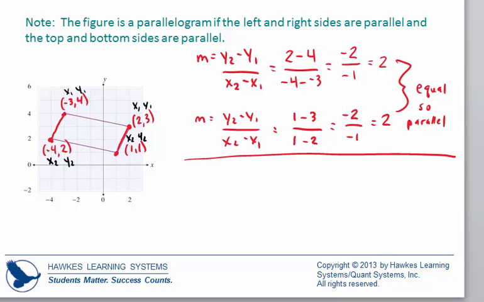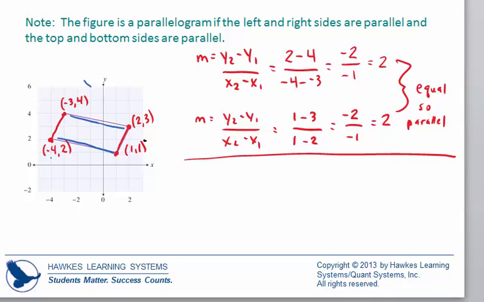Now we need to do the same thing for the top and the bottom. Let me clean this up just a little bit here. All right, so now we're going to look at this top line right here and the bottom line right here, and we're going to do the same thing in terms of finding our slope.